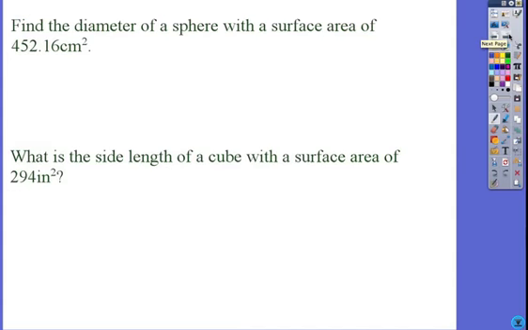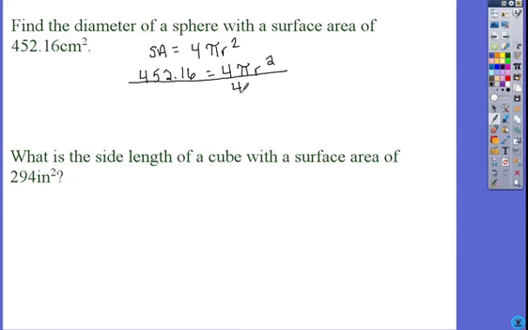So find the diameter of a sphere with a surface area of 452.16. Again, you just have to know your area formula. Your surface area is 4 times the area of a circle. Okay? So I know my surface area, 452.16, is 4 times pi times the radius squared. Let's divide both sides by 4 and by pi.